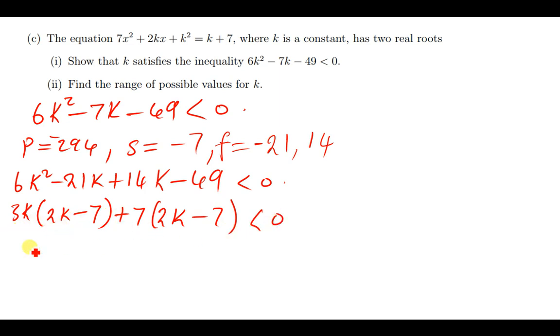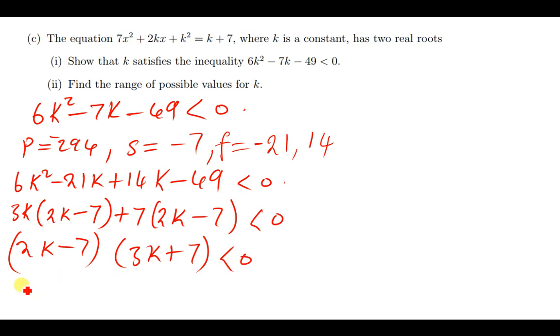So we put the common factor, which is 2k minus 7, and then we also get 3k plus 7, and this is less than 0.